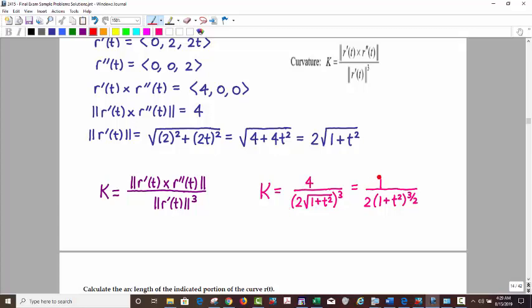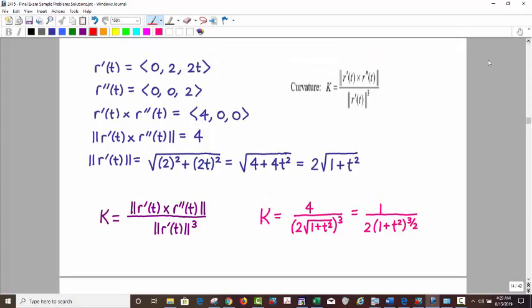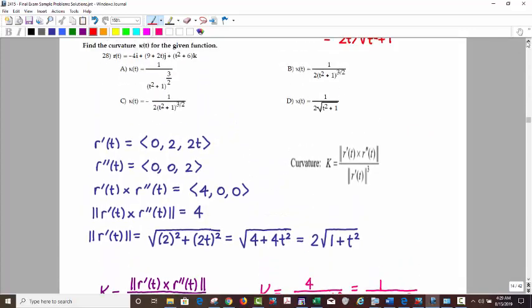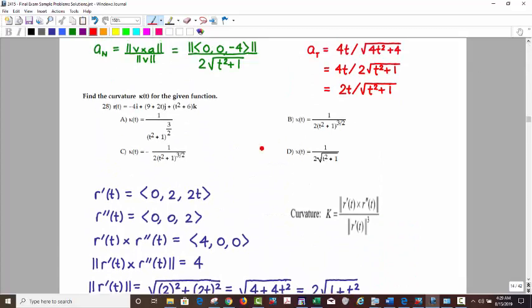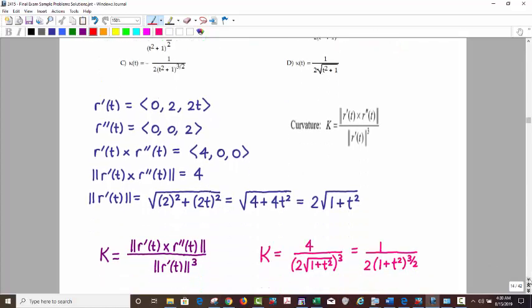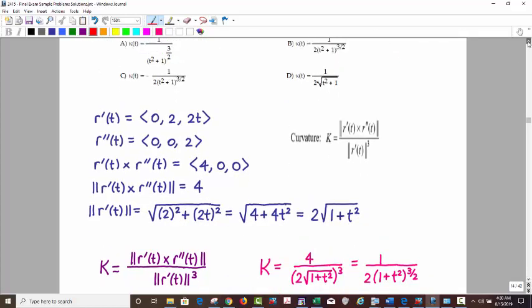So that's what reduces this to 1/2, now it's 4 over 8. And then the square root cubed will just be 1 plus t squared to the 3/2. So I guess I didn't realize the formula was further down there. That's okay. I'll still leave the typed version of it in there. So let's see. What do we have again? 1 over 2.